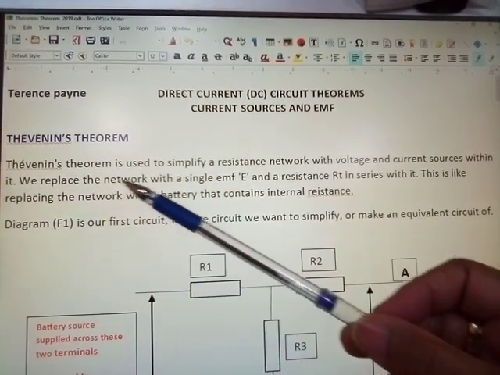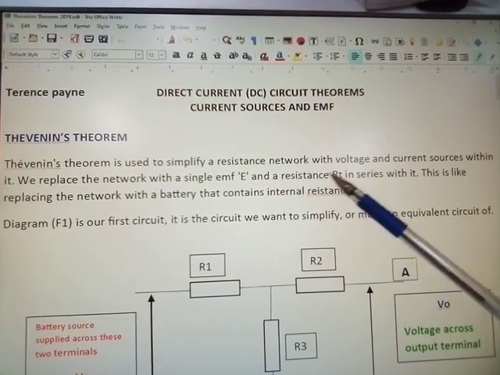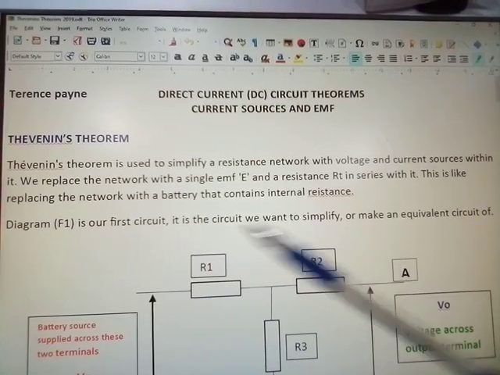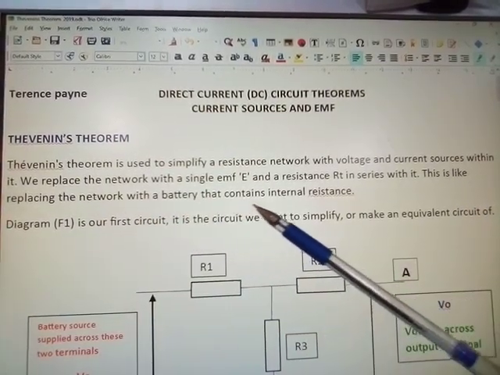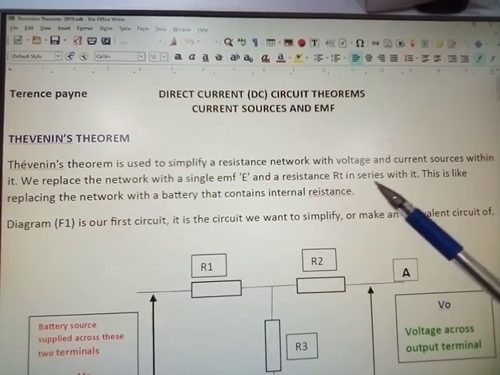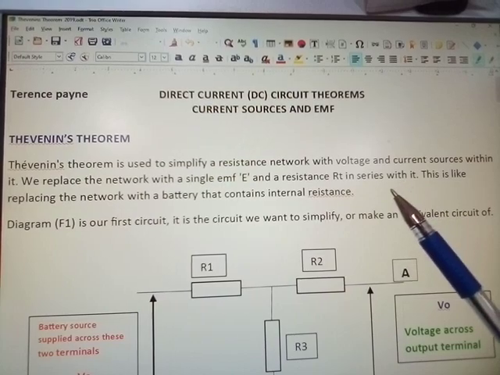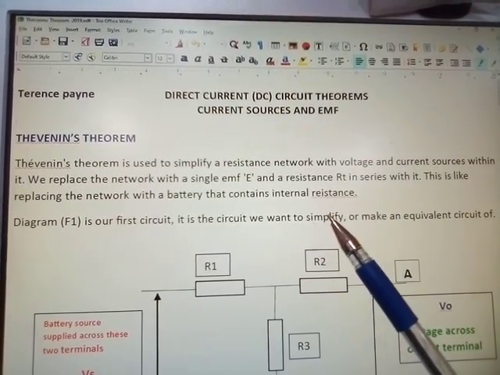We replace the network with a single EMF E and a resistance RT in series with it. This is like replacing the network with a battery that contains internal resistance. That's just for the purpose of simplification, okay? But as you know, nothing is ever that simple, okay?